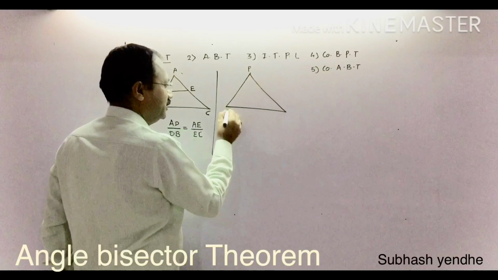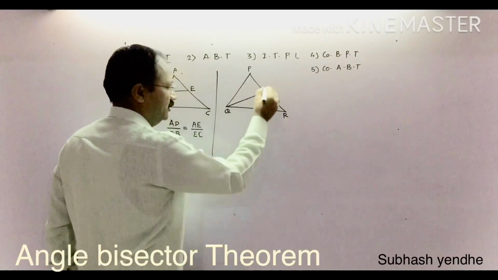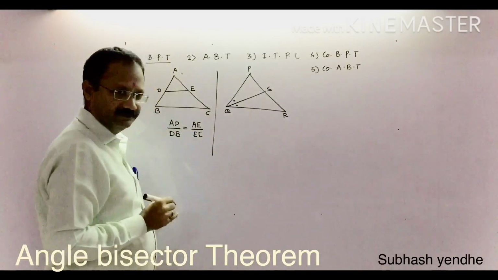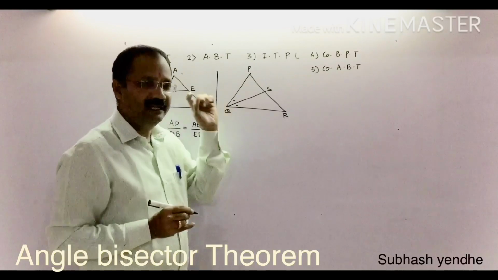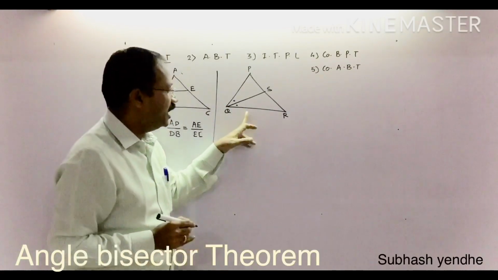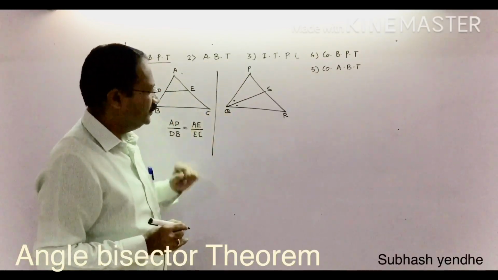This is triangle PQR. In PQR, QS is an angle bisector. If in a triangle an angle bisector is there, then you have to use the angle bisector theorem. What does it say?